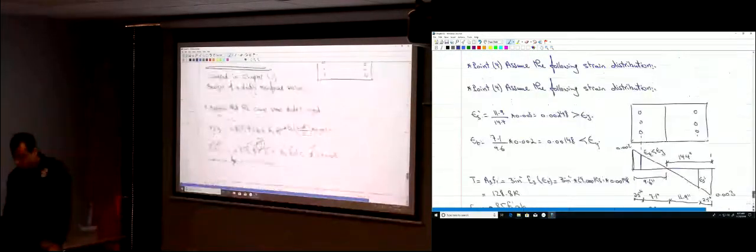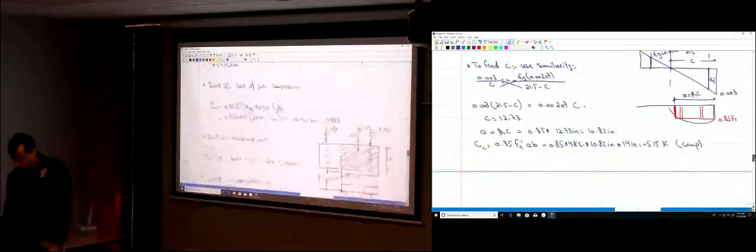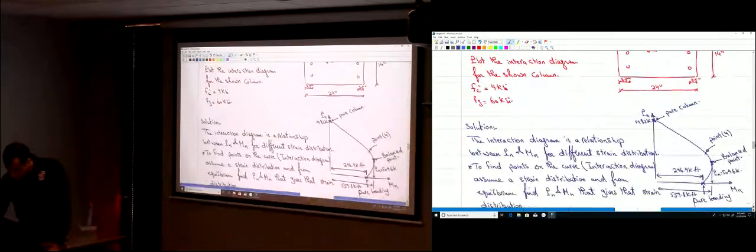Plotting this point over here, 0.4, 600, as you see here, this is higher. This is 623.7 K. How much is the moment now?